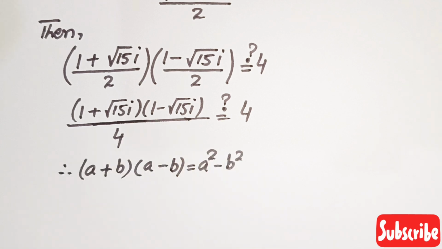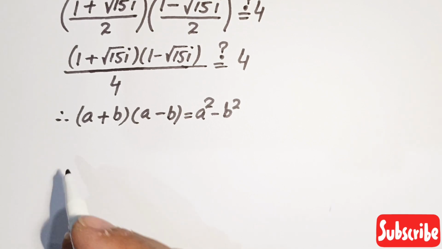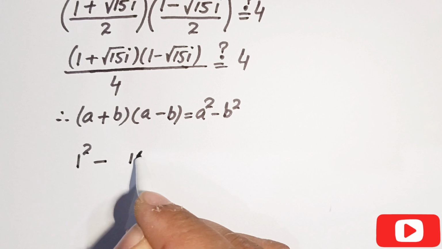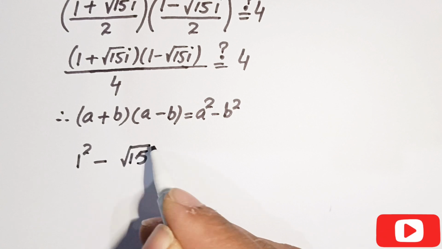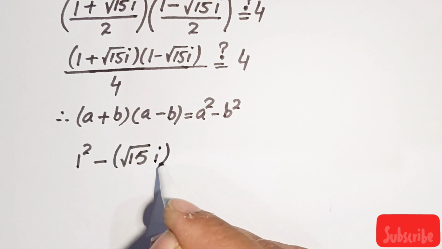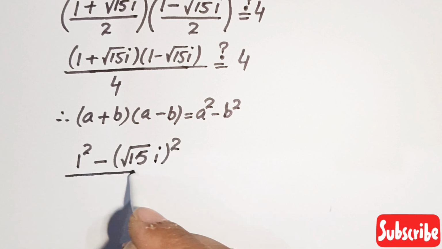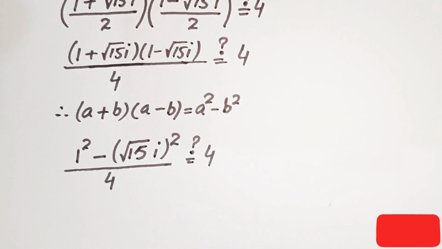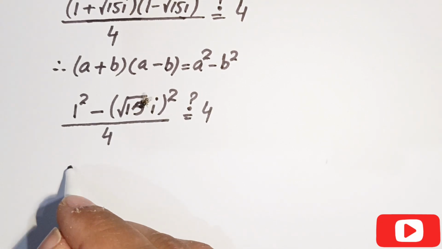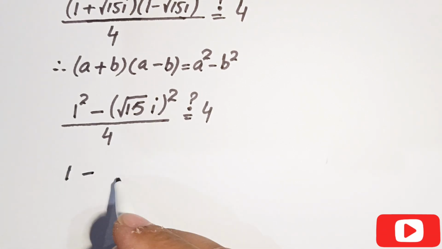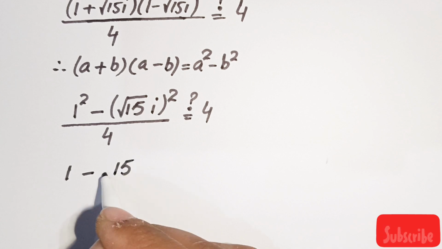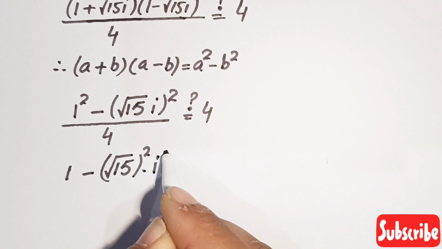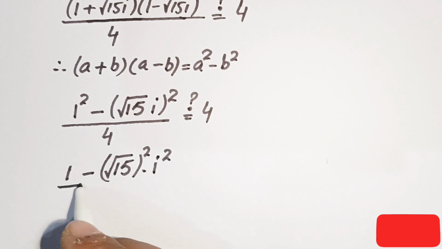So using this formula we get 1 squared minus square root of 15 i whole squared, all over 4, which should be 4. Now 1 squared is equal to 1, and minus, here we write square root of 15 whole squared times i squared, all over 4.